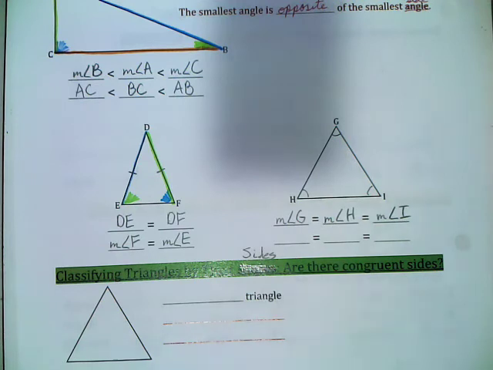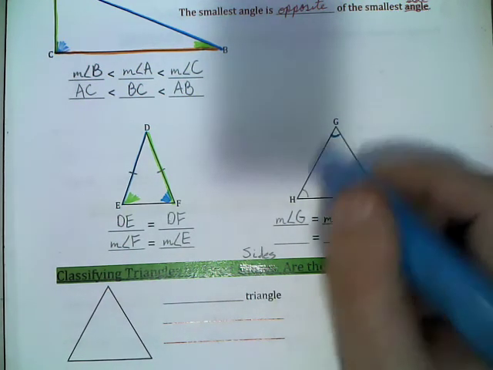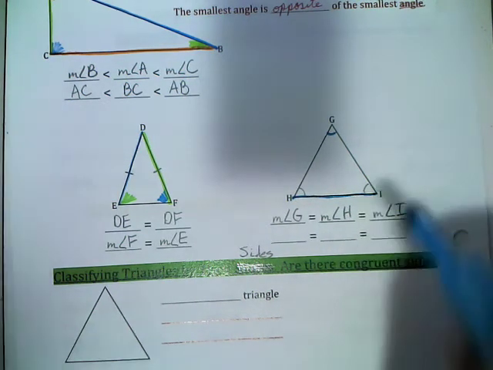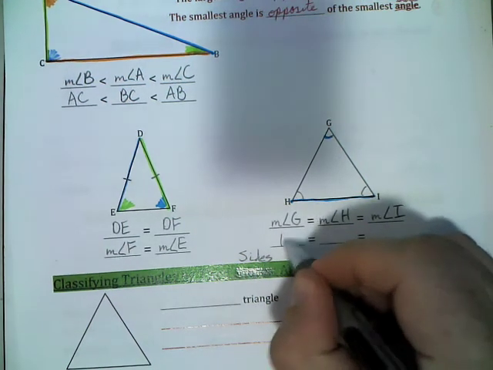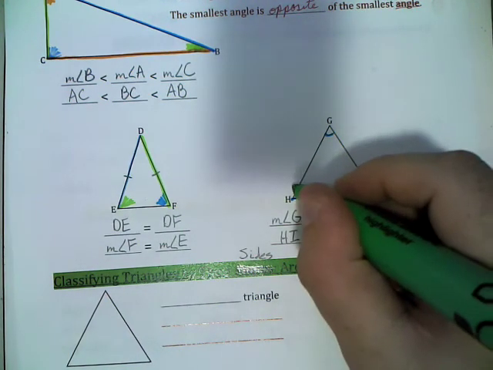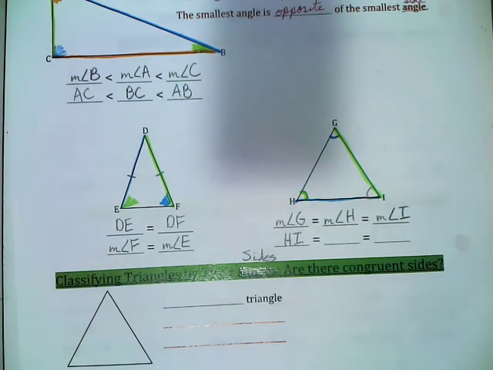So if I start with angle G, G is touching these two sides, so across from it must be that side. So across from angle G is side IH. And then across from angle H is side GI.